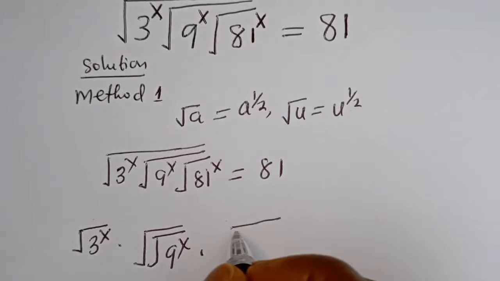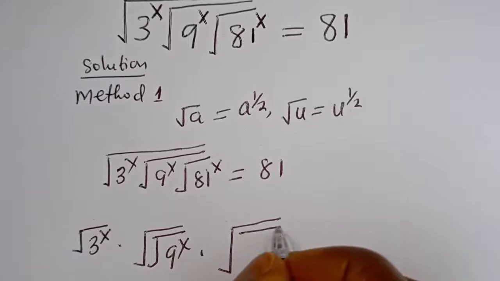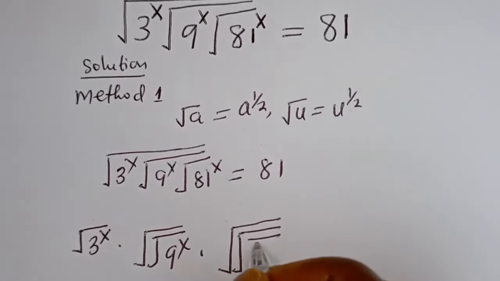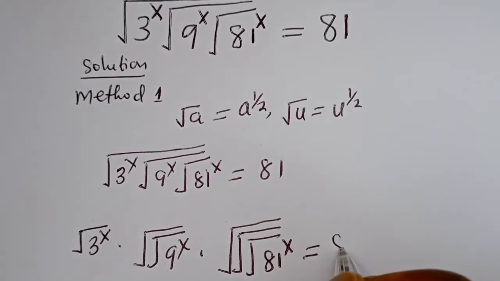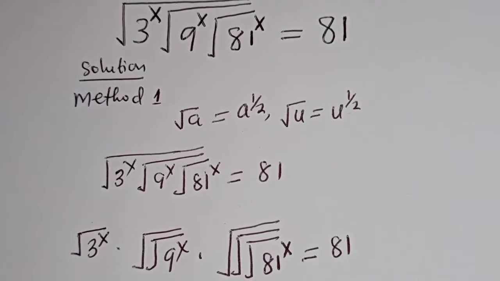We have the first square root, then second square root, and the third square root of 81 to the power of x is equal to 81.